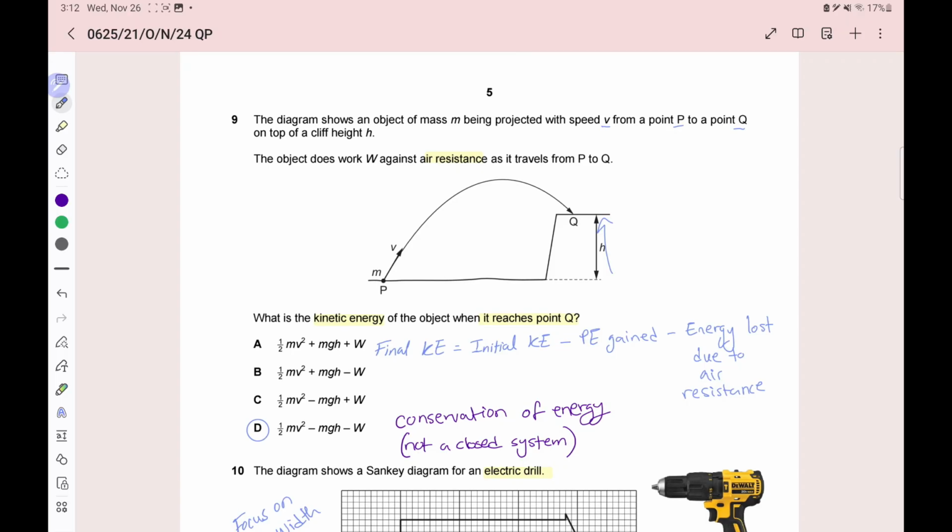Okay, so for this question, the initial and the final kinetic energy is not the same. That's because some energy is lost to air resistance, and then the fact that we've also gained some potential energy by moving up a cliff, hence why you're subtracting. But yeah, so then you end up with D, which shows the initial kinetic energy, which is positive. You're going to subtract the potential energy gained and the energy lost due to air resistance.